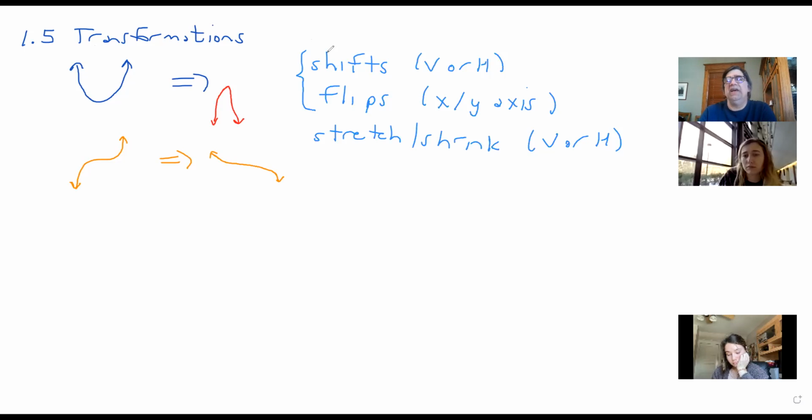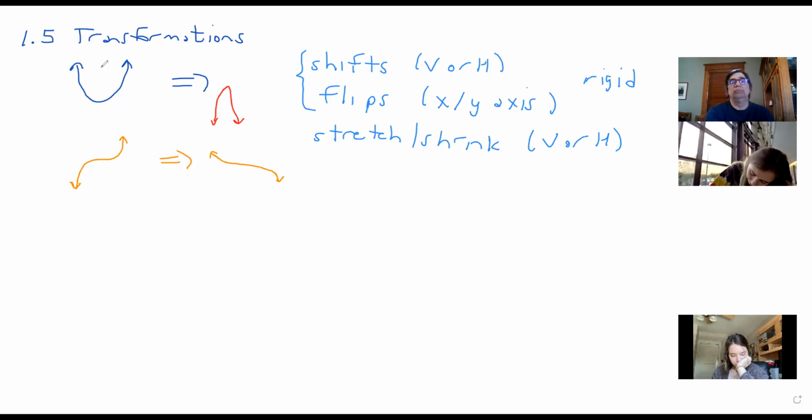So we say the graph undergoes a rigid transformation. And rigid just means your parabola will be the exact same size, the exact same shape, just in a different position. So if I take my parabola and move it left or right, I didn't change the size or the shape, I just changed the position.